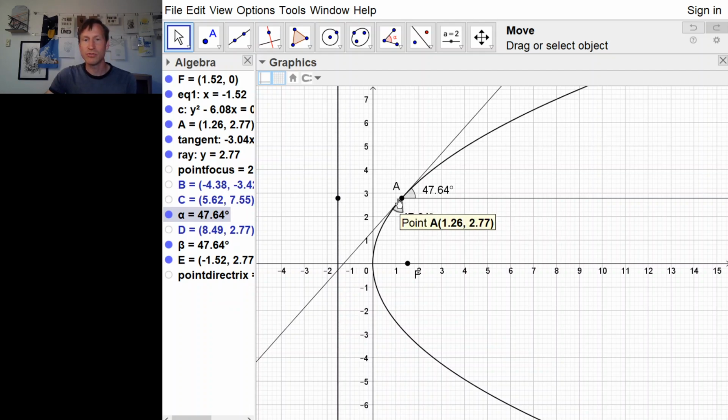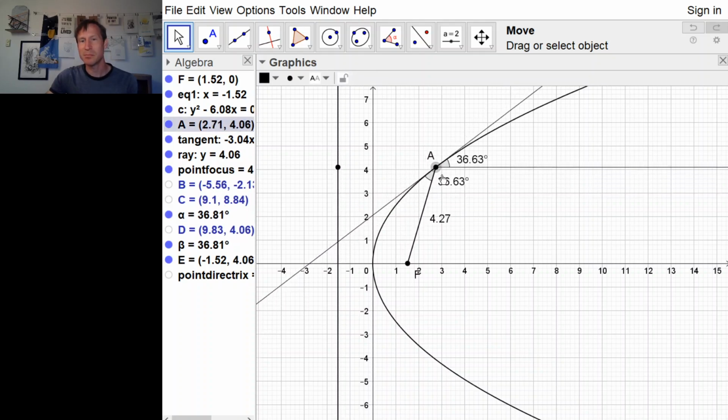And if you draw the outgoing light ray after it's reflected, it turns out that it goes directly to the focus. And this is actually true no matter what point A we choose on the parabola.